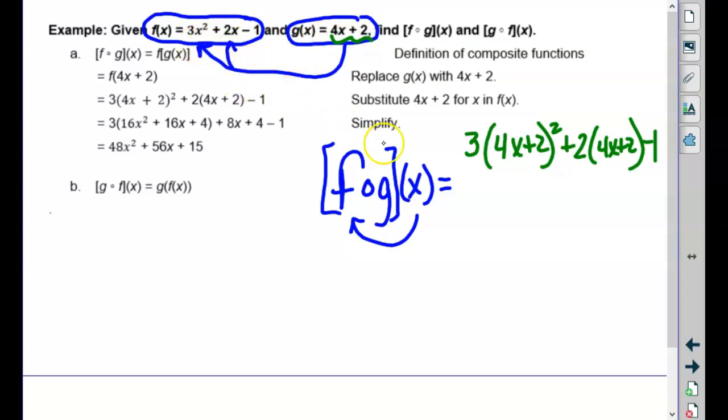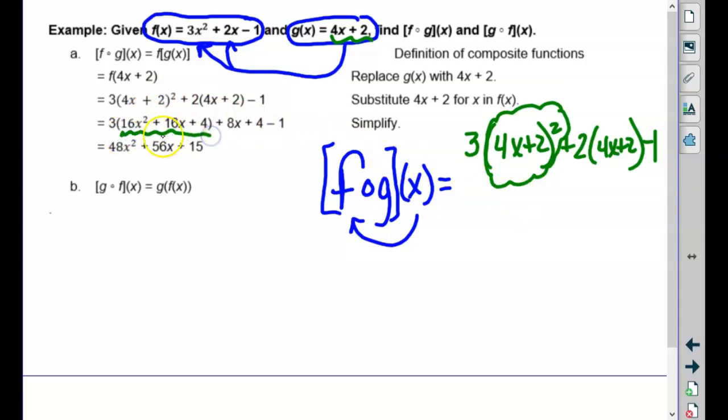Now, this is a nasty problem because somebody's going to say this is like 16x squared plus 4. But do you remember we've talked about this several times? If you square that, you're going to get 3 terms, yes? You have to FOIL out 4x plus 2 times 4x plus 2. I'm not going to take time to do it.